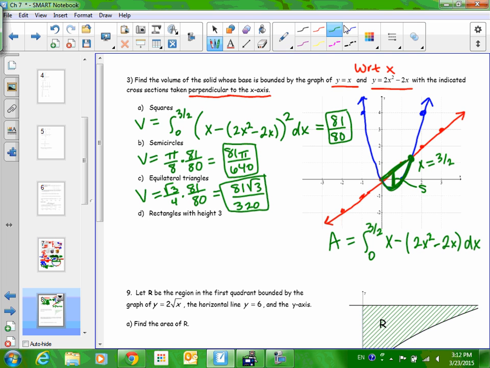Okay, rectangles are always different. Rectangles you always have to stop and think about. Okay, how do you find area of a rectangle? You do the height times, in this case, the S, the base. So the volume is going to be the integral from 0 to 3/2 of 3 times S. Which in this case is just going to be like the area, but times 3.